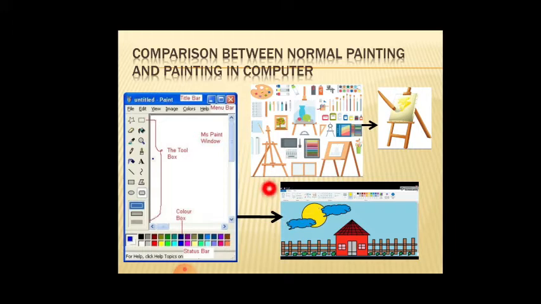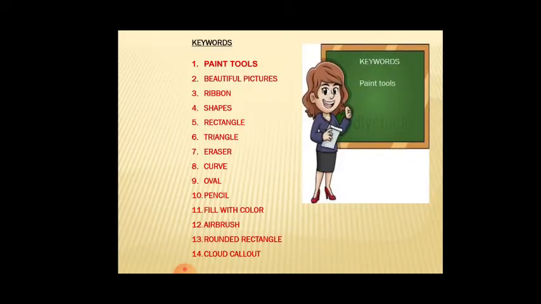The same tools that are given manually, we are going to use in the system. Then you have colors also. You have a window here where you are going to paint your favorite things. Similarly, here you have a canvas sheet or a board. Here it is nothing but the window, the activation window.